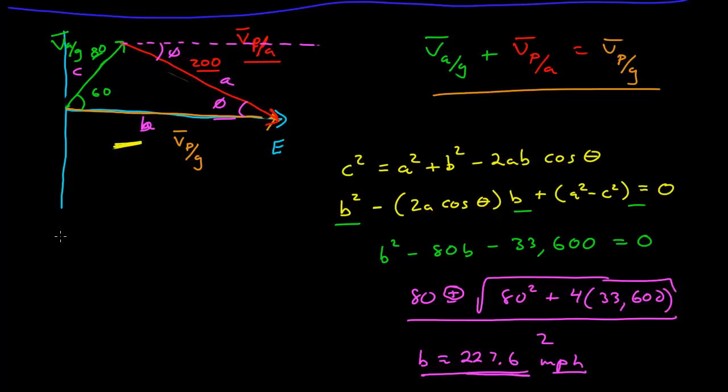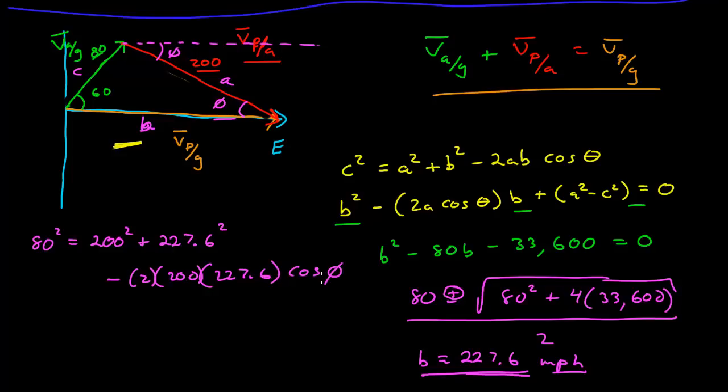Using the law of cosines again, I get 80 squared is equal to 200 squared plus 227.6 squared minus 2 times 200 times 227.6 times cosine phi. So I can just solve for phi.